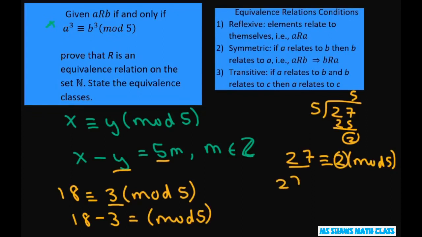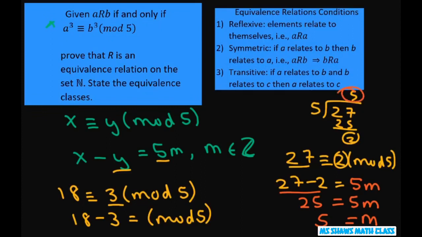Or you could say 27 minus 2 is equal to 25, which is 5m, because 25 is divisible by 5. If you divide 25 by 5, m would equal 5. So that gives you your 5 right there.